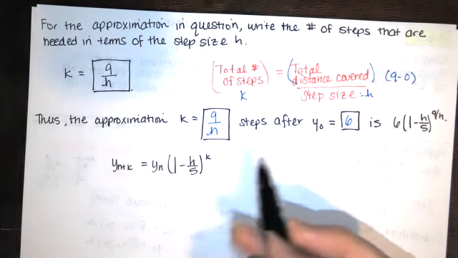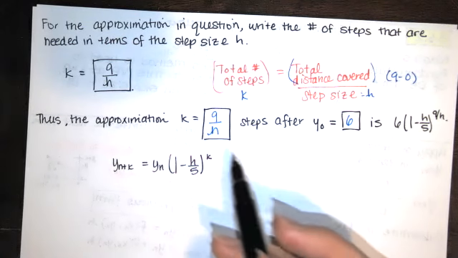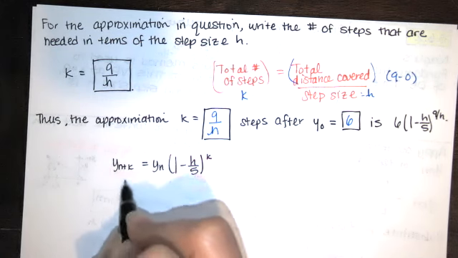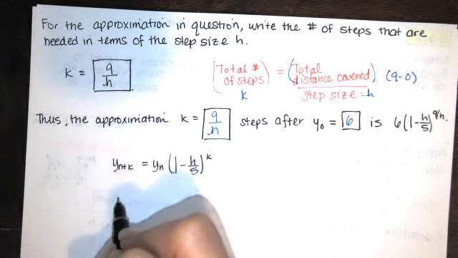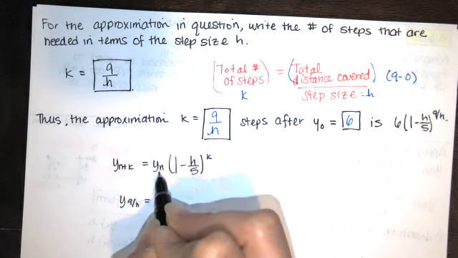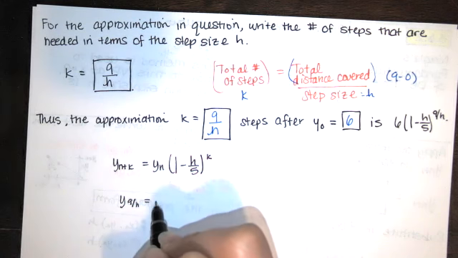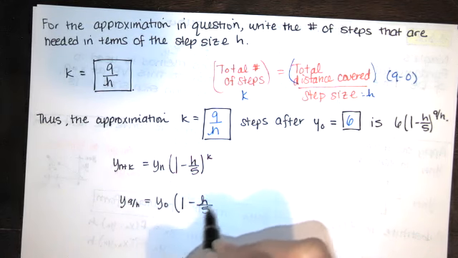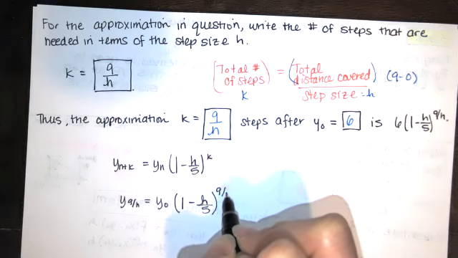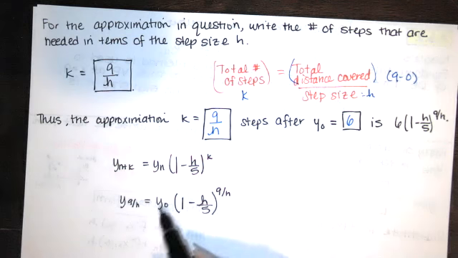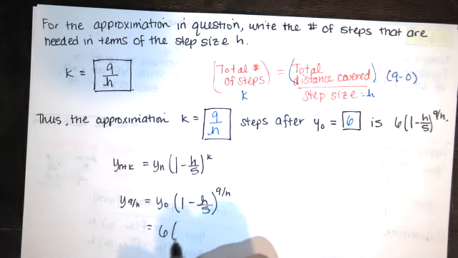So if we're taking k steps, this many steps after y naught, so we're saying n equals 0 here. We substitute in y naught, and we multiply by 1 minus h over 5 to the k, where k is replaced by 9 over h. And then we say, well, what is y naught? In this case, it's 6.